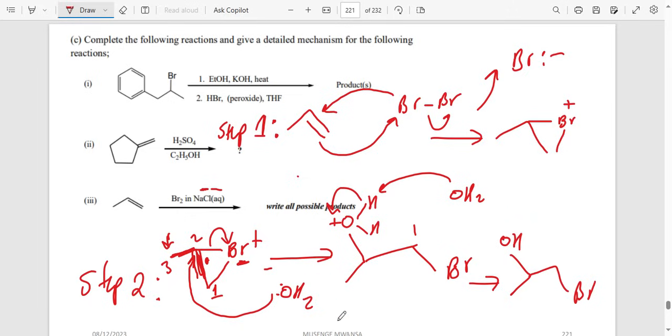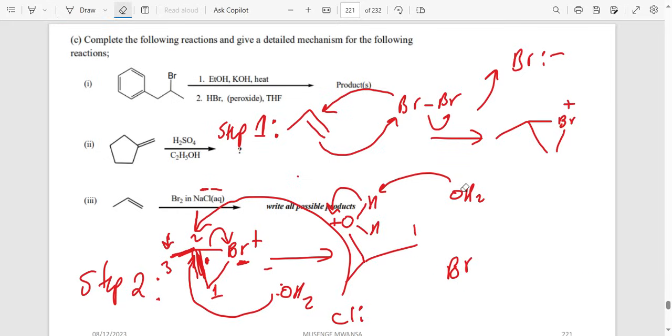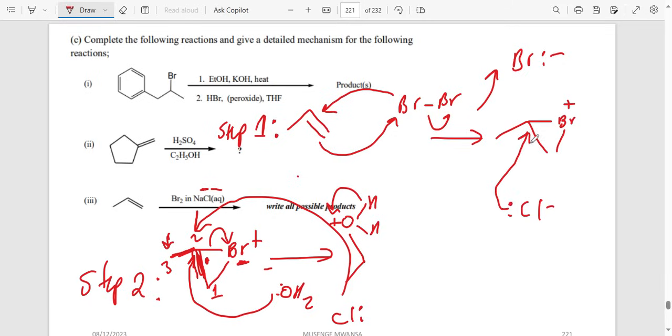If we had used chlorine, which is an ion, it will basically just come and attack and break the bond. So there will be no need of going to another step. It will just be a direct step. So let me just write it on top there. So I've got three possible structures as products here. So if we use Cl minus, using a lone pair to go and attack this point, this bond breaks off.